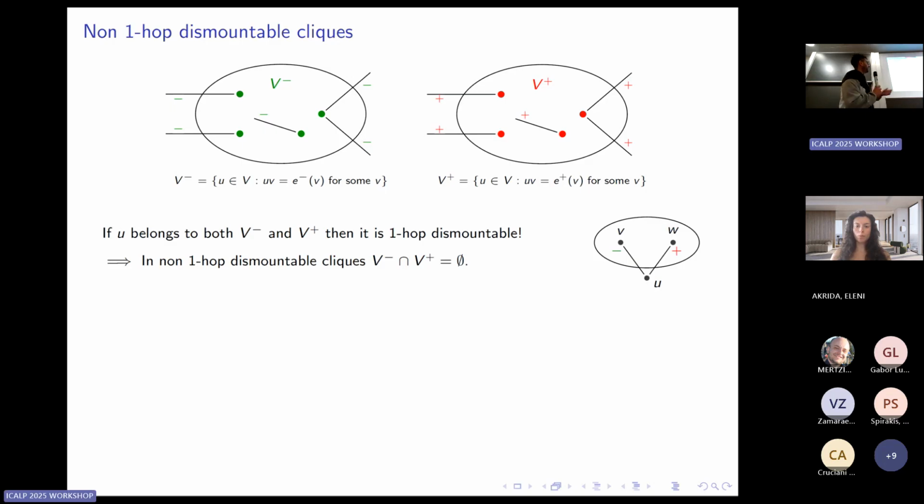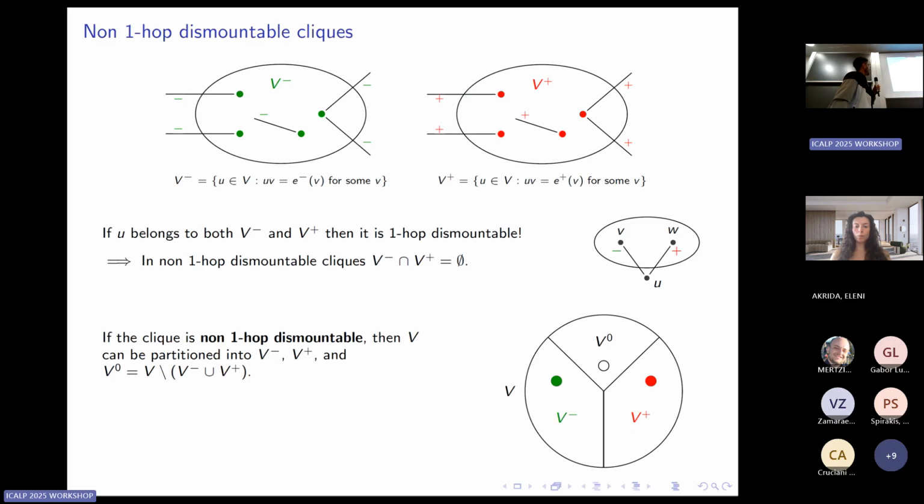It's easy to observe that if a vertex belongs to both sets, then it's dismountable, because it's just how we define dismountability.